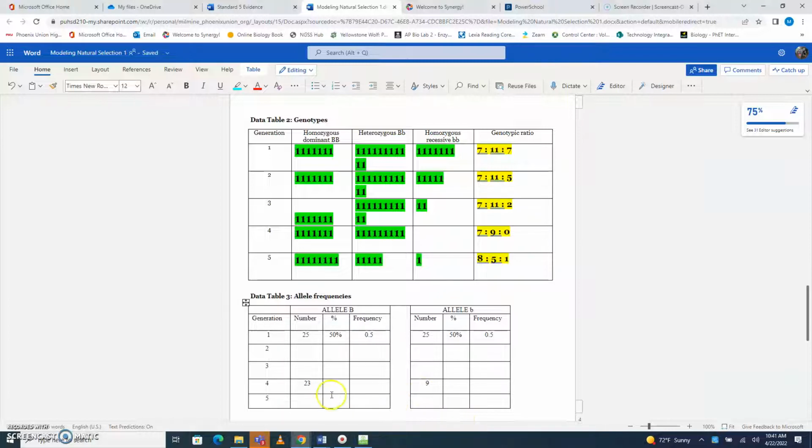All right. That's probably the toughest part that we'll have to do to get this data table filled in. Now let's get our frequencies and let's get our percents. Keep in mind, the percent is going to tell us what percent of all of the alleles combined are dominant, big B. So in order to figure that out, we need to know how many total alleles we have.